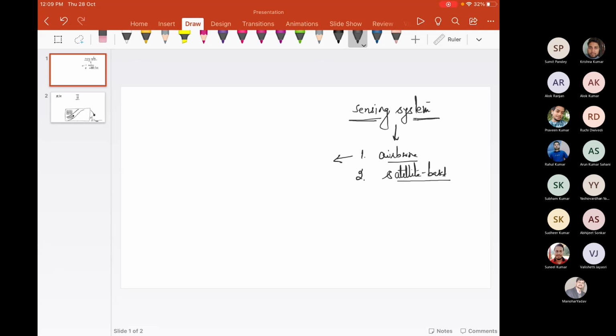If we see the architecture, as we have already discussed briefly in the previous lecture, if we see the design of the sensing system and discuss the various steps here, then it's a kind of box representation.